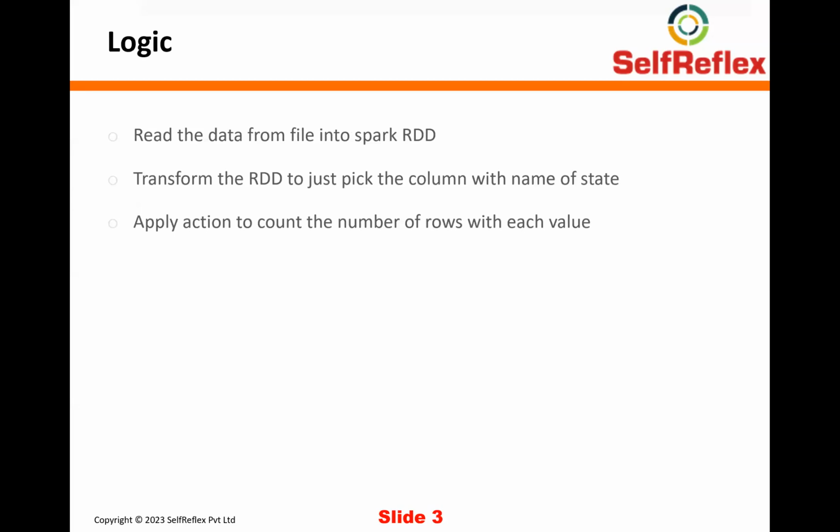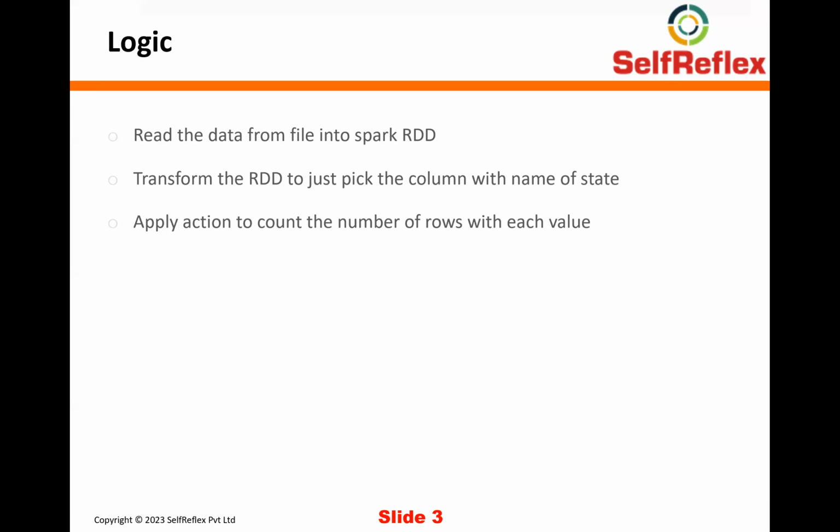The logic that we are going to use has three steps. First, we are going to read the data from the file and convert it into a Spark RDD. Then we are going to apply one transformation on this RDD where, out of all the columns present in the data, we'll just pick one column, which is the name of the state.